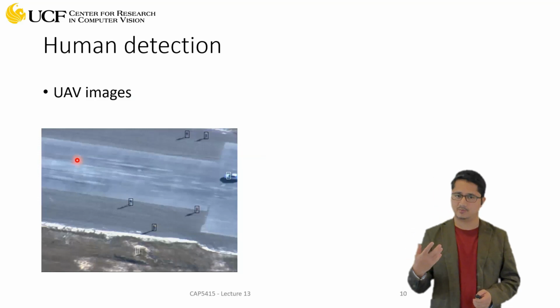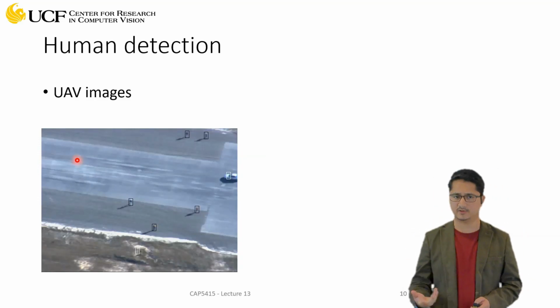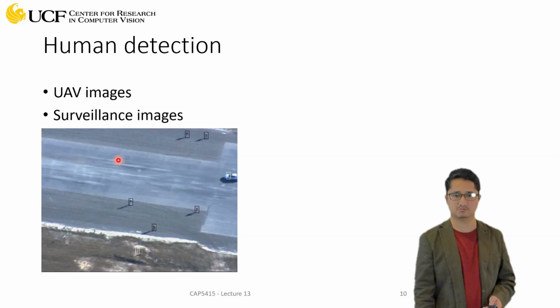Now, same as object classification or image classification, you can have different variations in this problem as well. For example, even in human detection, there might be different variations in the way you want to formalize your problem. For example, you might have aerial images, or some kind of oblique view.